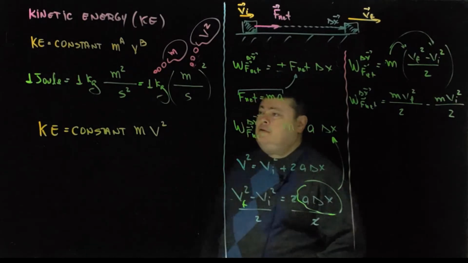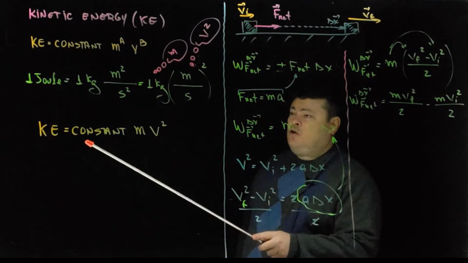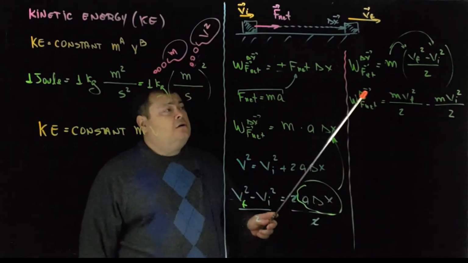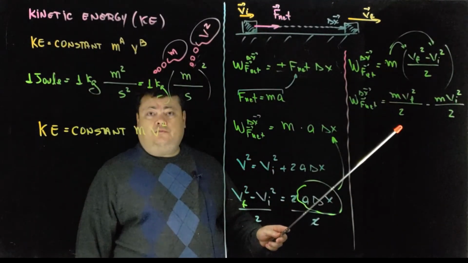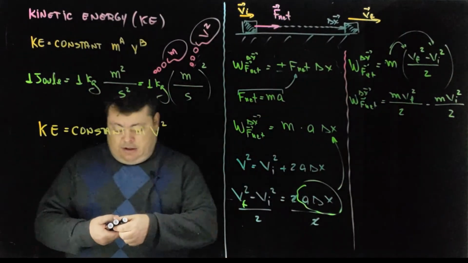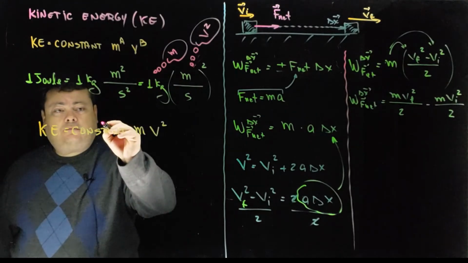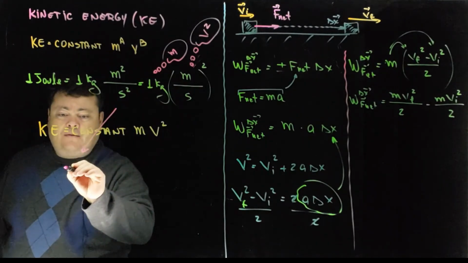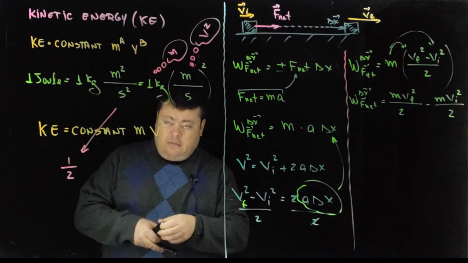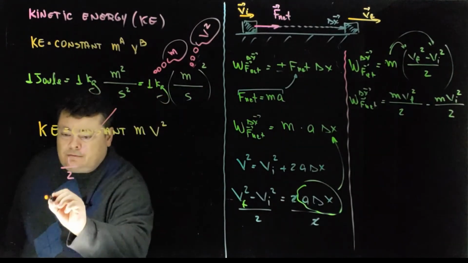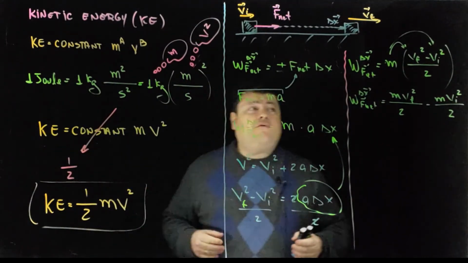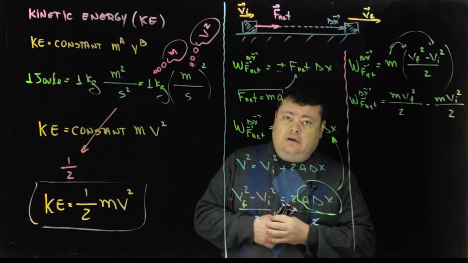Now, on the other side, we have that kinetic energy is some kind of constant times m v squared. And in here, I have m v squared over 2. So I'm more likely to identify this constant to be 1/2. And then I can define kinetic energy as 1/2 m v squared.